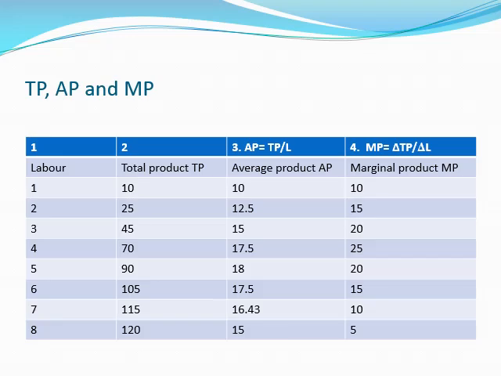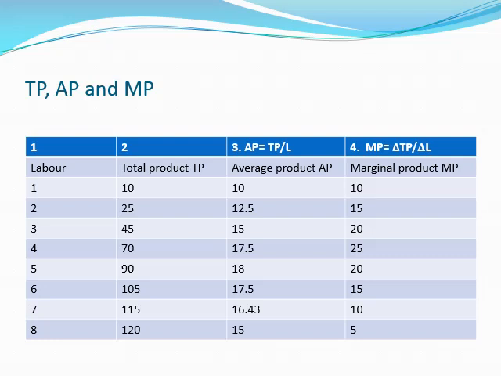Given four variables, to find the relationship between total product, average product, and marginal product, and to review these variables through the cost terms, where TP stands for total product, AP for average product, and MP for marginal product.